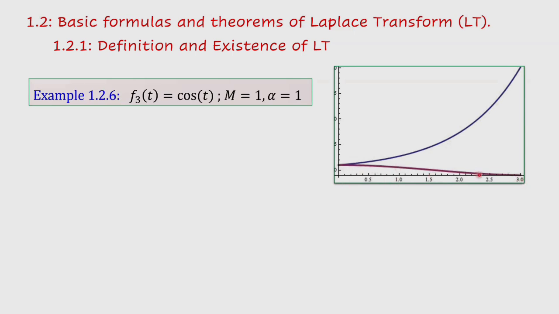At 0, the value is 1, so they match at that point. But other than that, as t increases, cosine t goes down and the exponential goes up. Therefore, it is a function of exponential order.